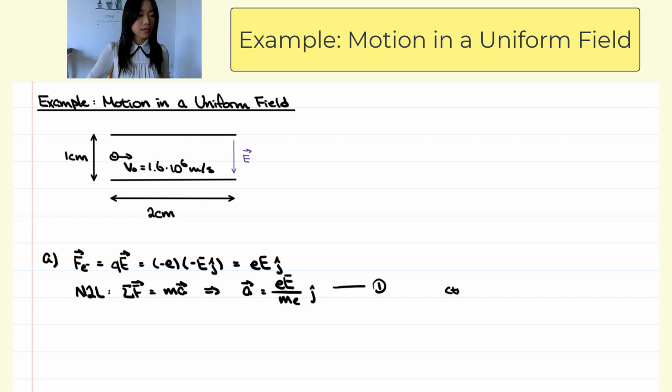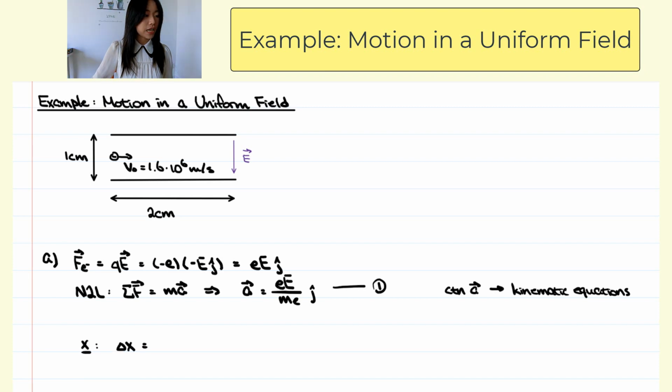Here we have constant acceleration, so we can use the kinematic equation. Let's look at the x component. Let's use this equation: delta x equals initial velocity in x, which is v0 from the sketch, times delta t, plus half of the acceleration in x times delta t squared.